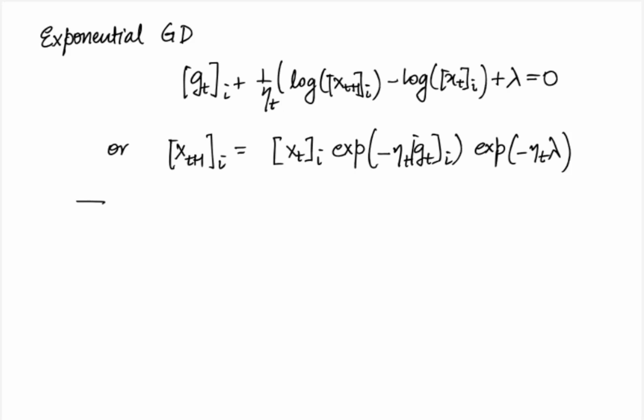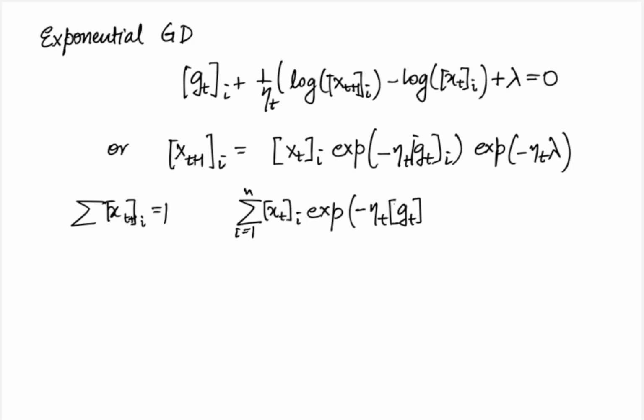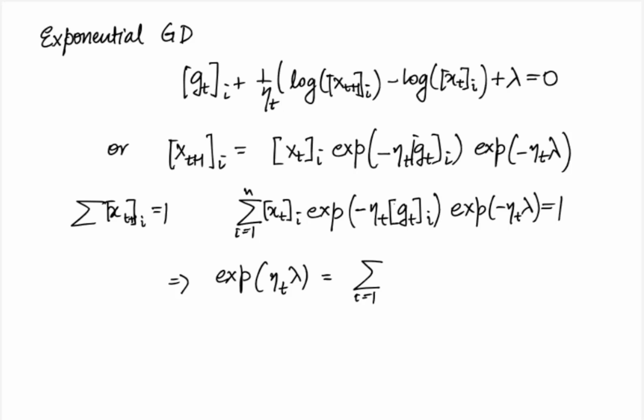However, we need to adjust lambda such that the entries of x_{t+1} sum up to 1. That is, summation over i from 1 to n x_t,i exponential of minus eta_t g_t,i exponential of minus eta_t lambda is equal to 1. So this implies that the exponential of eta_t lambda is equal to summation over i from 1 to n x_t,i exponential of minus eta_t g_t,i.